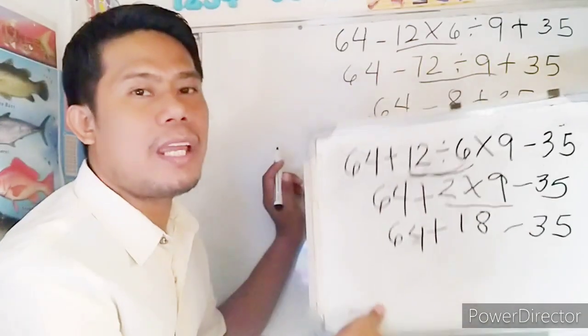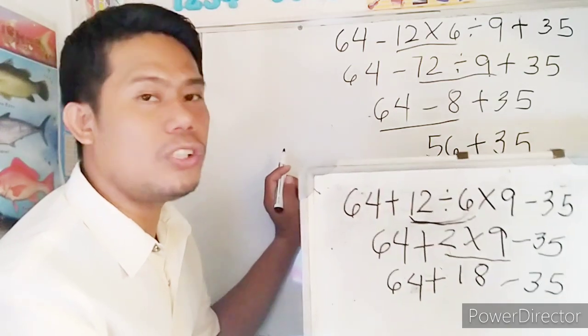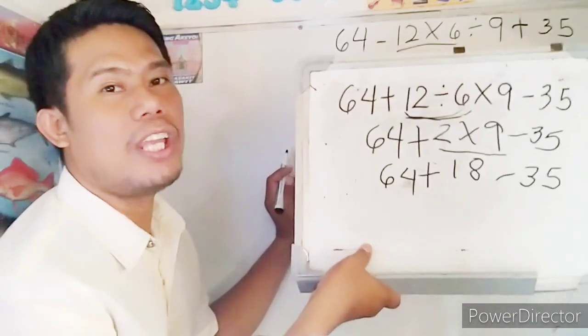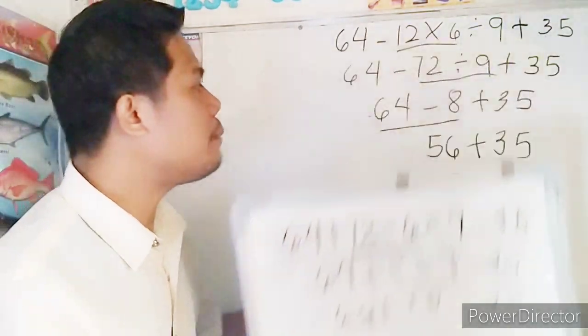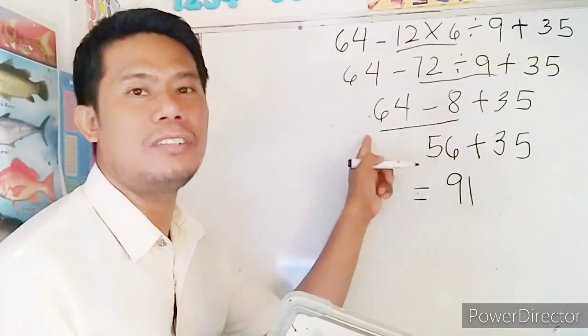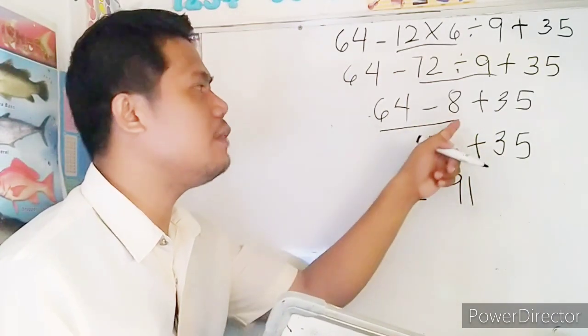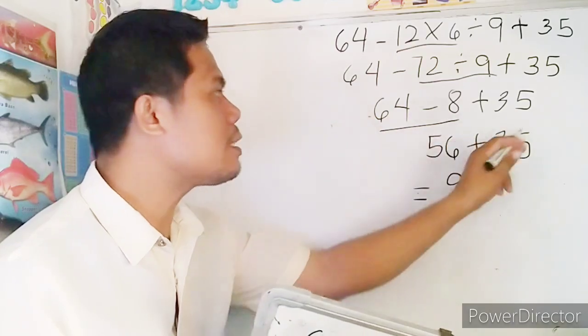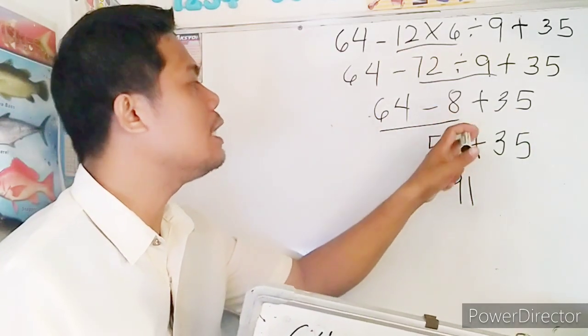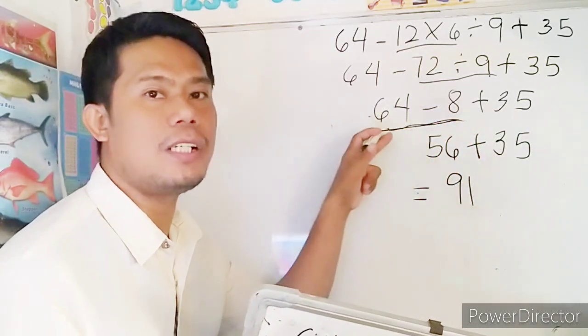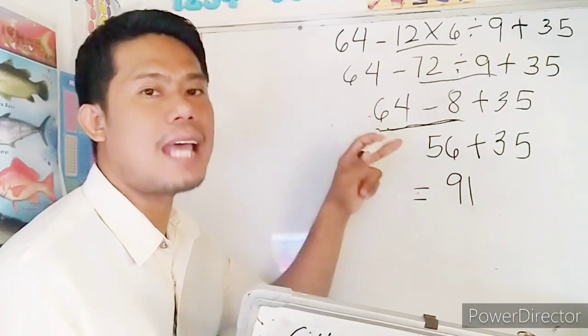So what is the next operation? Is it addition or subtraction? We're going to add. Sir, bakit dito nag-minus tayo? Why we get the difference here? Because here, in this equation, subtraction comes first or written on the left side.